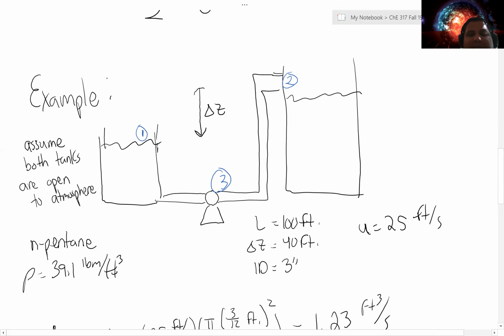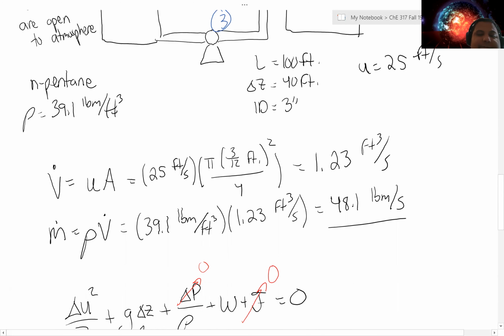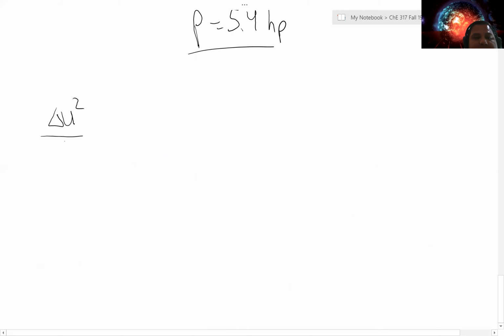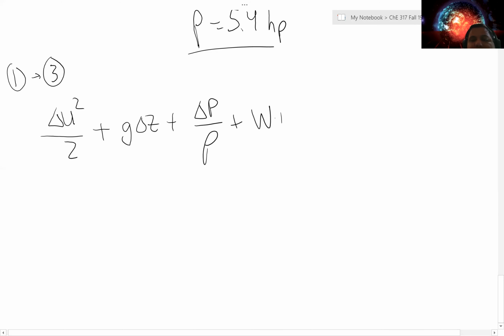Which means in order to find that pressure, I have to come up with a new energy balance, this time looking at a comparison between point 1 and point 3. So once again, I'm going to say point 1 to point 3, g delta z plus delta p over rho plus work plus friction equals 0.